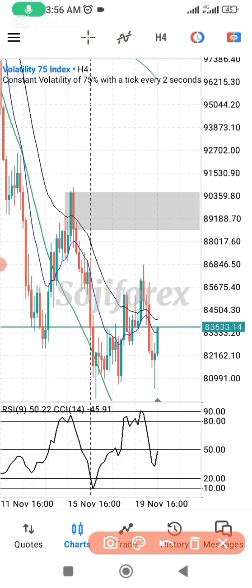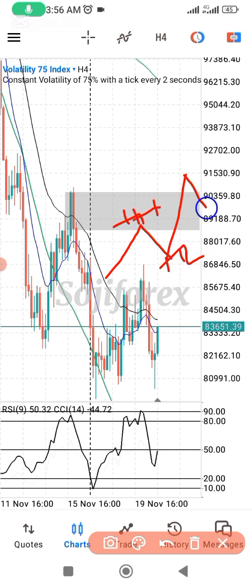And in an uptrend, price moves in this way. Price will move up, it will come down, it will move up. So here will give us a higher high, and here is our higher low. So price will come down. It will never take this liquidity, it will only take liquidity of the upside.